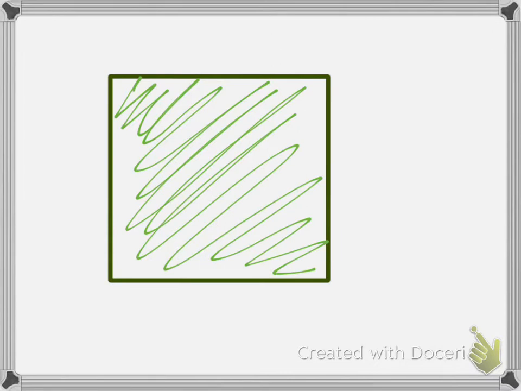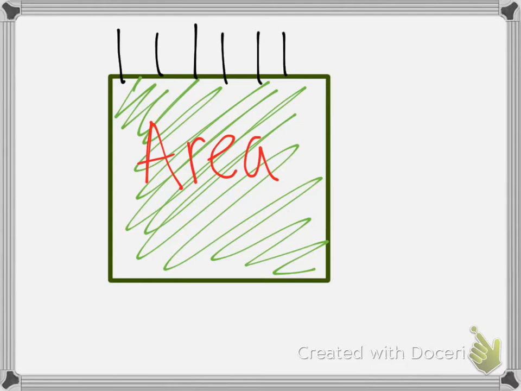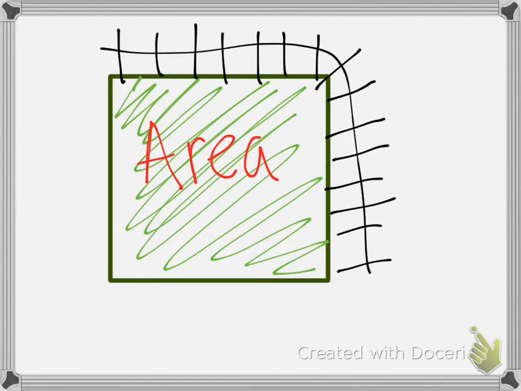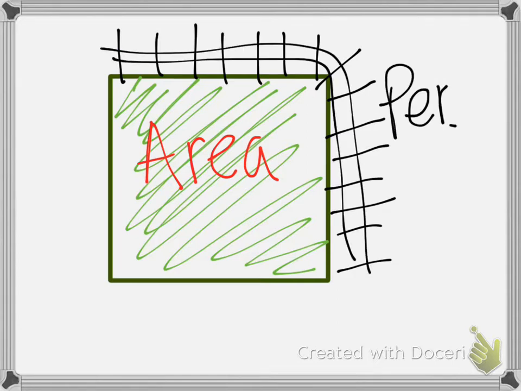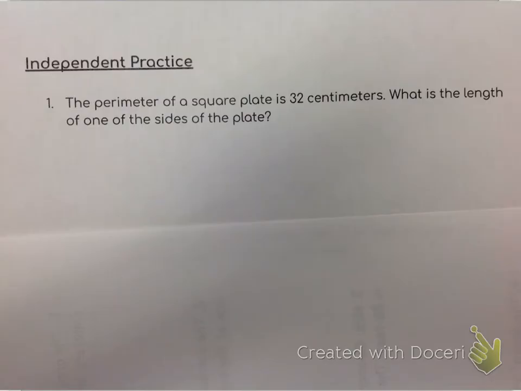That is all the, for lack of a better word, stuff on the inside. And then if I were to build a fence along the edge, around the outside, you get the gist, that would be my perimeter. So area inside, perimeter outside.